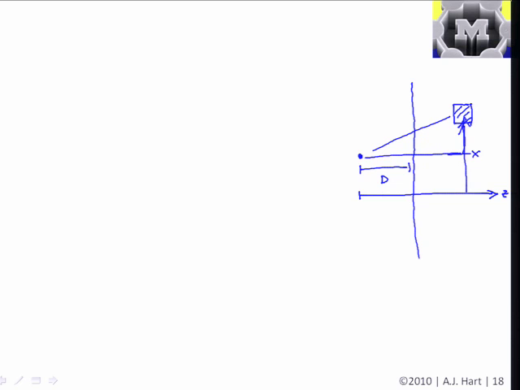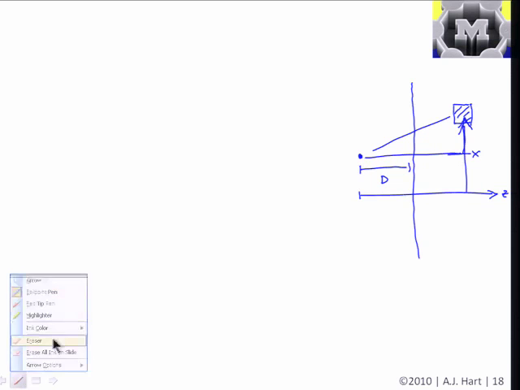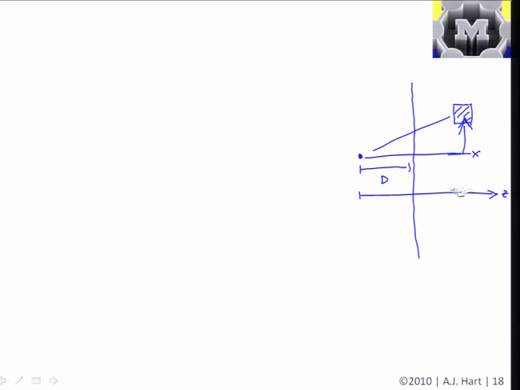And we're going to calculate the interaction between this atom and a small volume inside the surface, which is at another distance x from this line here. I drew that wrong. There we go.